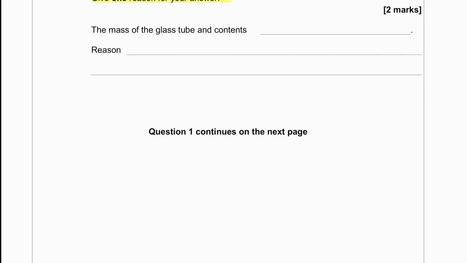So the mass of the glass tube and its contents will increase. The reason for this will be chlorine atoms are now part of the solid iron chloride.